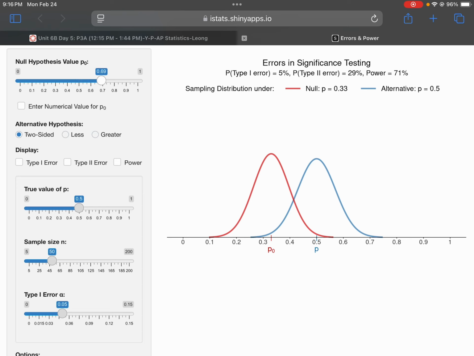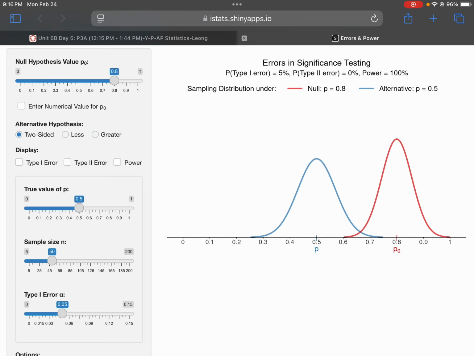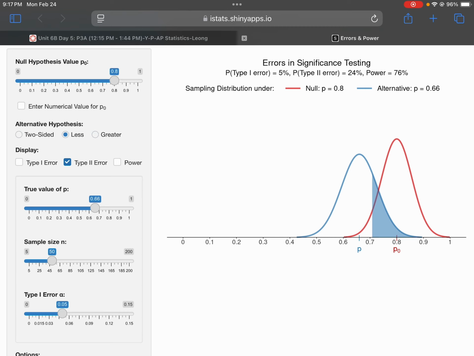So the null value was 80%. The alternative hypothesis is that she's a less than 80% shooter. We'll look at the type 2 error when her true free throw percentage is 66%. Sample size was 50, significance level was 5%.